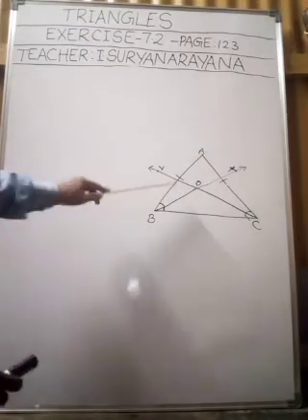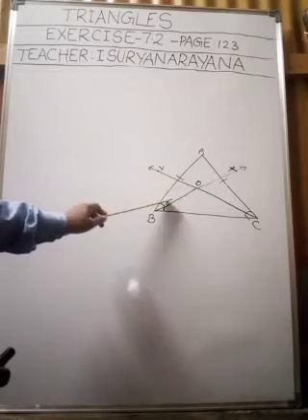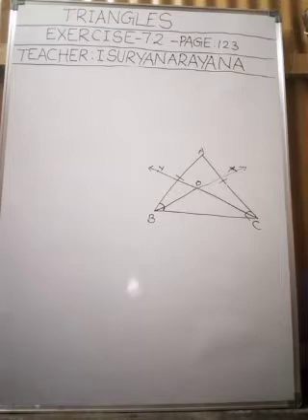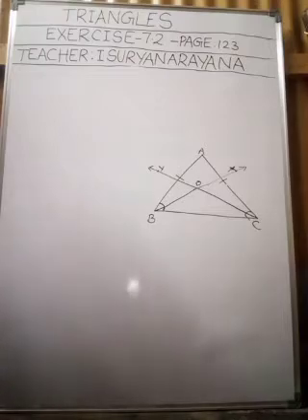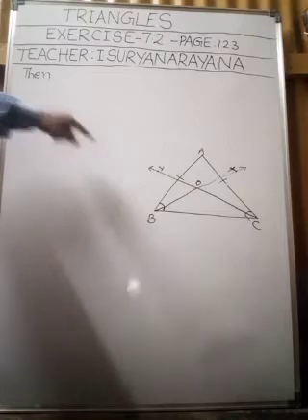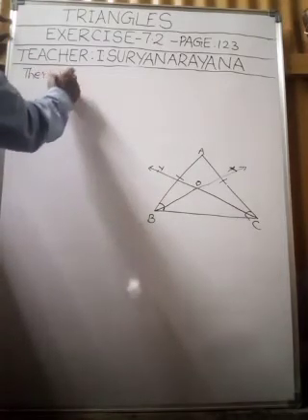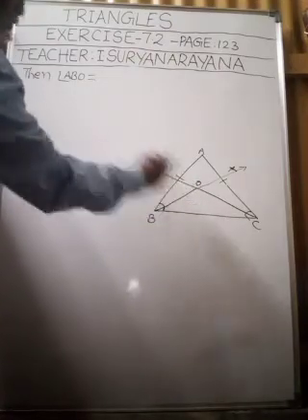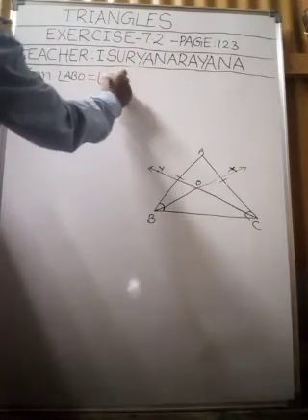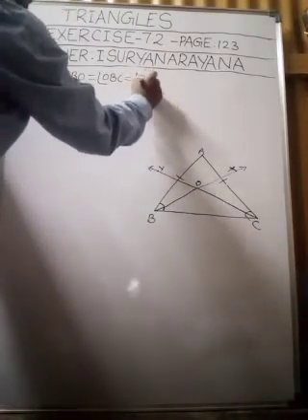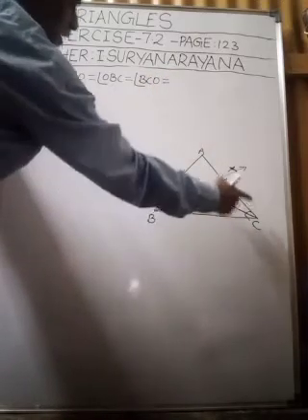So, what can you say about this figure? This angle is equal to this angle is equal to this angle is equal to this angle. So, angle ABO is equal to angle OBC is equal to angle BCO is equal to angle ACO.